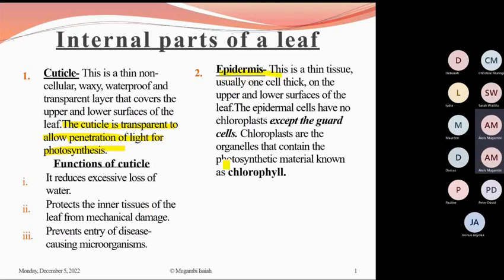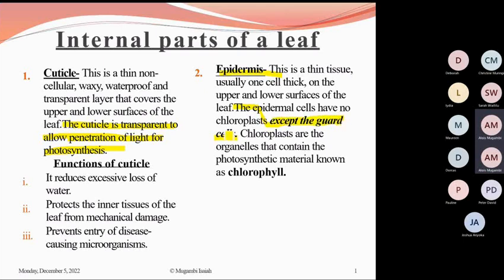The epidermis is a thin tissue that is usually 1 cell thick, on the upper and the lower surface of the leaf. One thing that you should know is that epidermal cells don't have chloroplasts, except the guard cells.